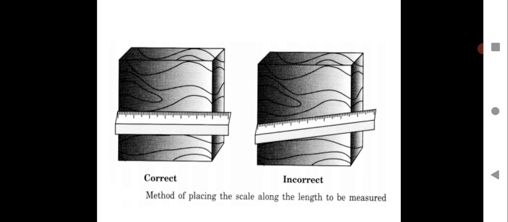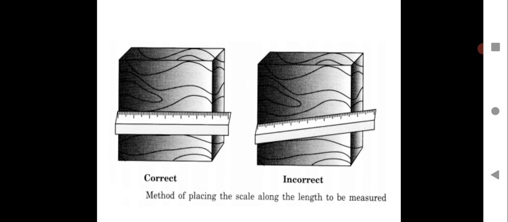Here on the left hand side, the way you are going to place the scale is shown. The left hand side is a correct method, and the right hand side is incorrect. You have to keep it straight, and it should not be tilted as shown in the figure on the right hand side.